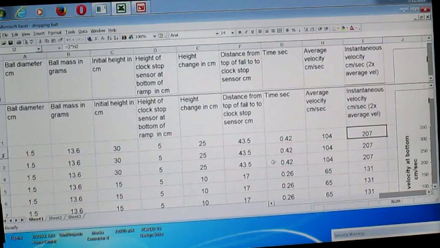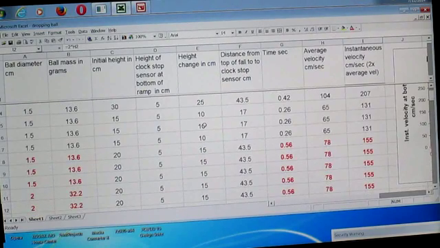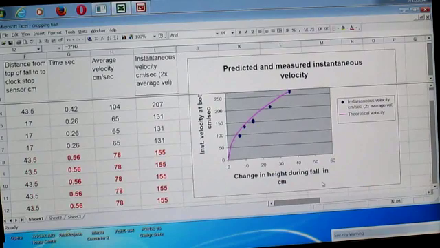Okay? Then the last thing we're going to do is we're going to look at all of these different initial heights and our ramp slopes and all that kind of stuff. We changed the slope, did three different slopes, or two different slopes at least. We moved the start position from 43 centimeters to 17 centimeters. We're just going to plot all that data on a graph of the instantaneous velocity at the bottom versus the change in height.